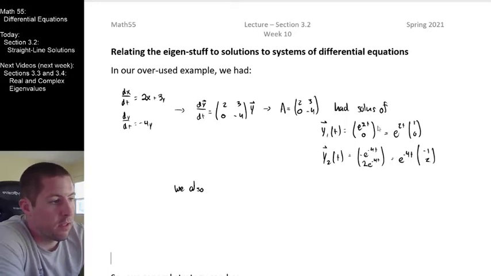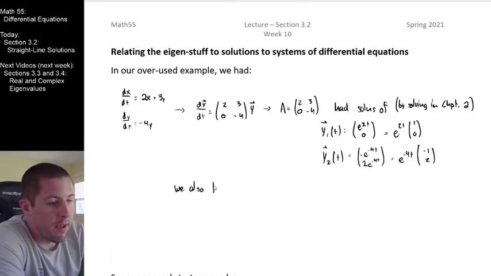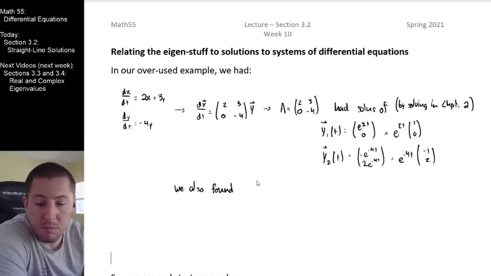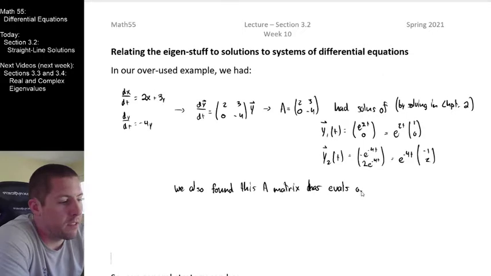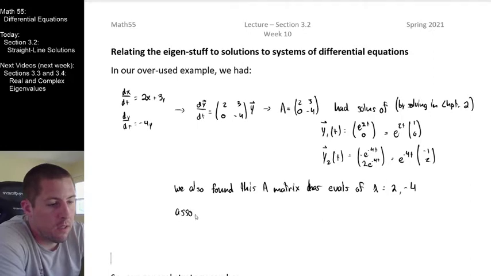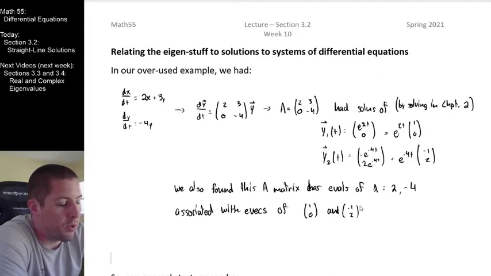We also found this A matrix has eigenvalues, which I'll abbreviate as evals, of lambda equals 2 and negative 4, associated with eigenvectors, evecs, of (1, 0) and (-1, 2), respectively.